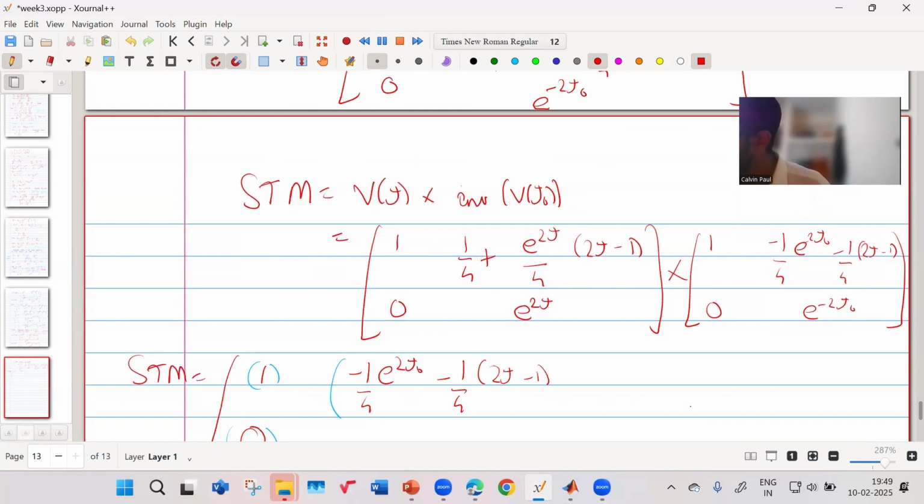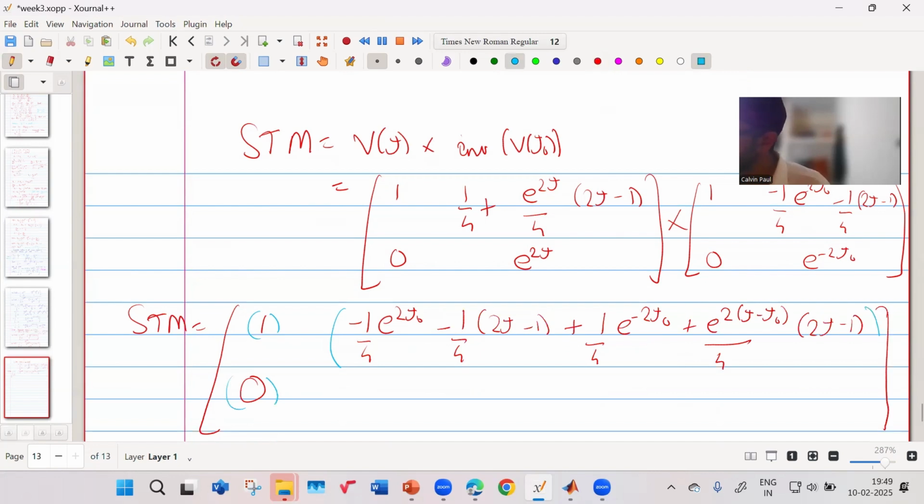Plus this: 1 by 4 e to the power minus 2t0 plus e to the power (2t minus 2t0) upon 4 into (2t minus 1). Okay.